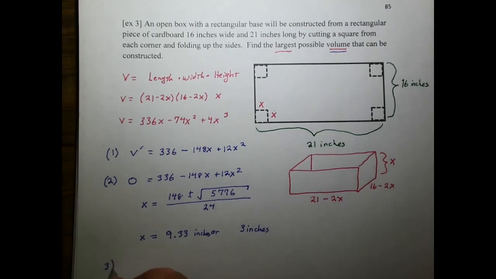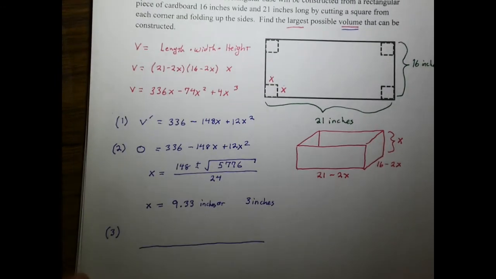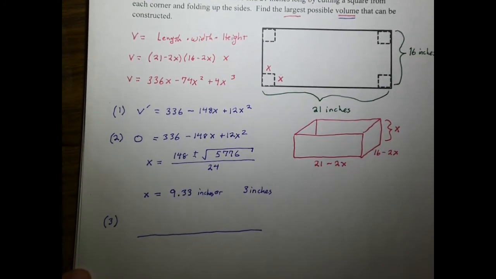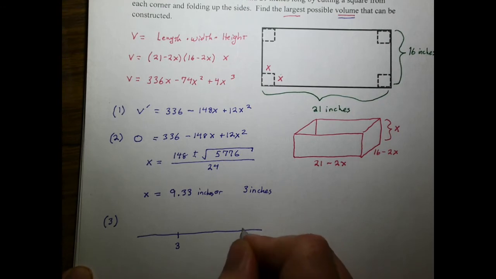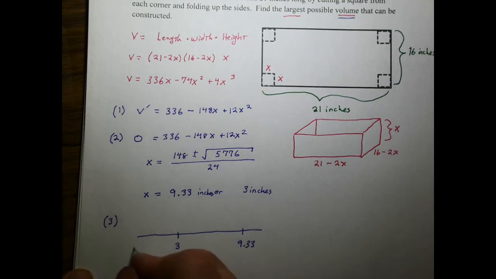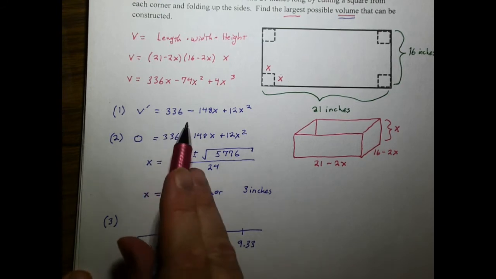Alright, but we should always check this because we've got 2 possible answers. It's worth figuring out what's going on. So we've got 3 and about 9.33. And let's test 0 into the derivative.